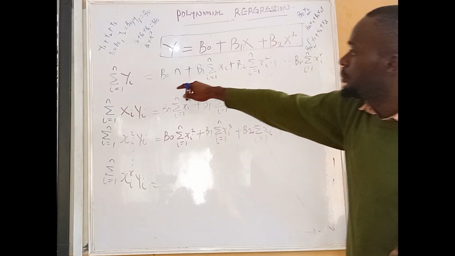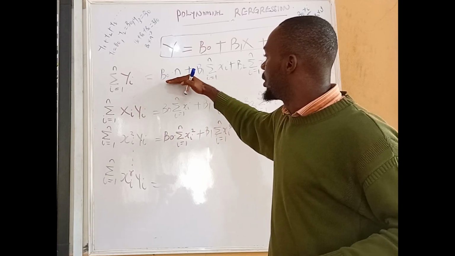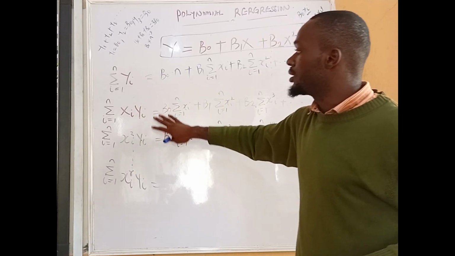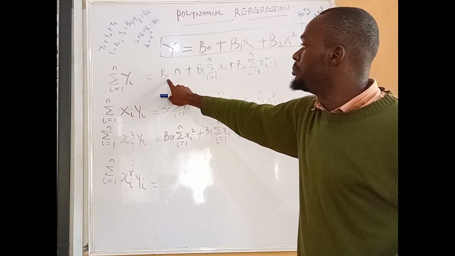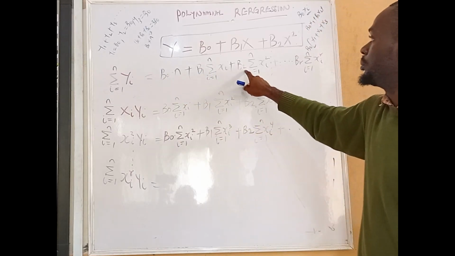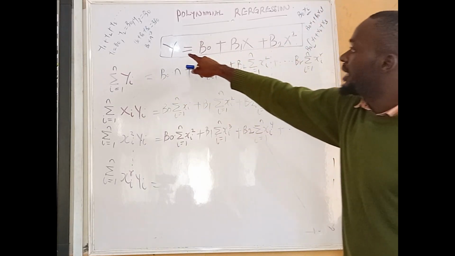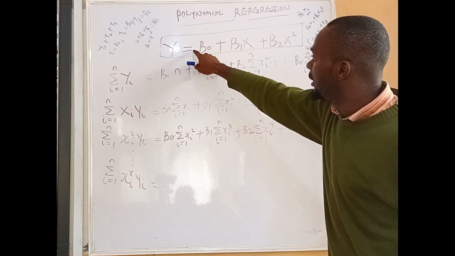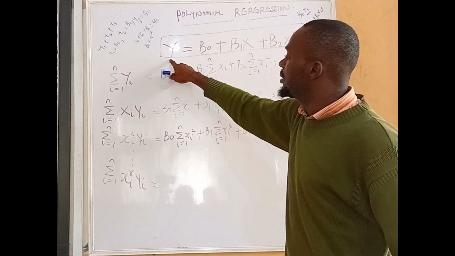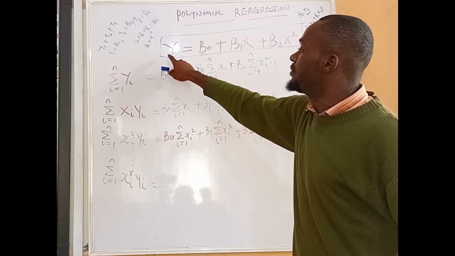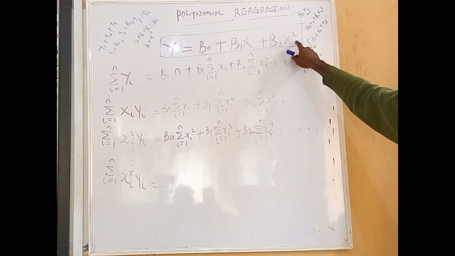So we solve an example now. We just need to generate these three equations, then solve the equations to get the values of b naught, b1, and b2. And after inserting these here, we've created a model that we can use to predict the dependent variable from the independent variable.